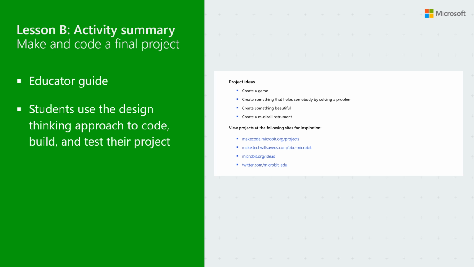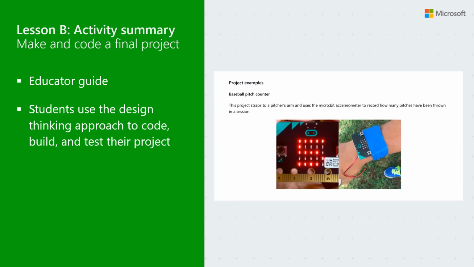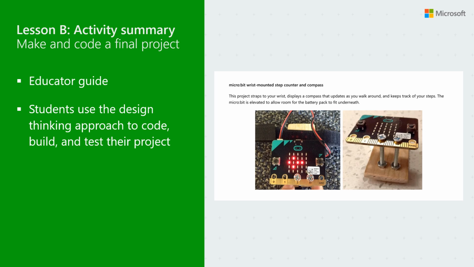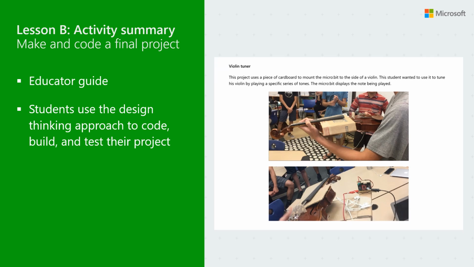Now, we have some potential ideas for inspiration and some pretty cool examples. So for example, a baseball pitch counter that uses the microbit's accelerometer to record thrown pitches, a step counter of some sort, and a compass that updates as you walk around. This one is a microbit violin tuner that displays the note that's being played.